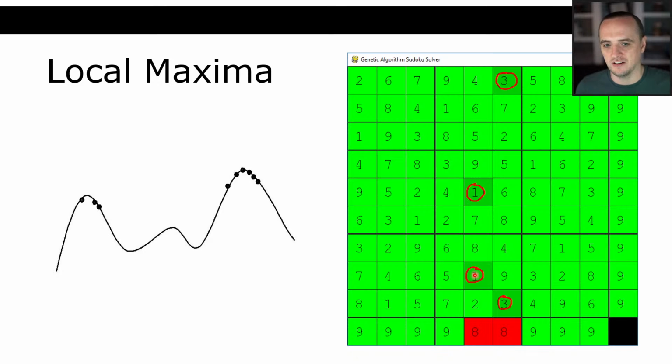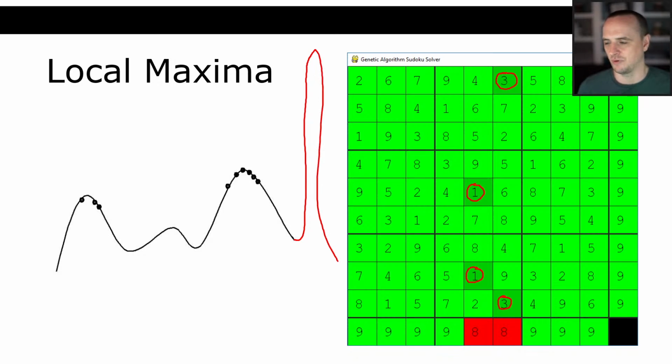Because maybe in order to get to the solution, you have to change this to a 6, and then you have to change this one, and it's a chain reaction of a bunch of stuff that you have to choose. So it's very possible in Sudoku that the actual global optimum, the completely solved thing, may not be obtainable from one of these local optima.